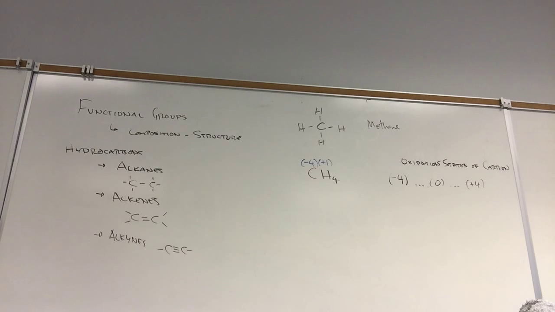If carbon were to have a -4 charge, how could you generate a -4 charge? Give carbon atom 4 electrons. And it has 4 already, and it gains another 4 extra, then it has 8. What's special about 8 electrons? This is an octet.